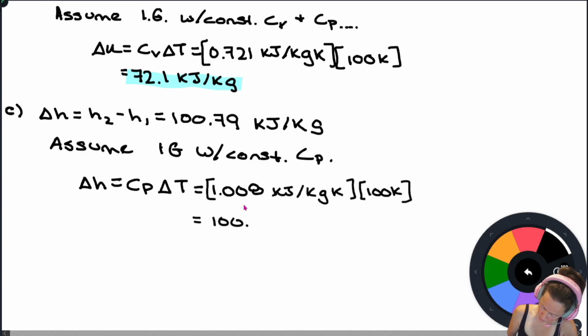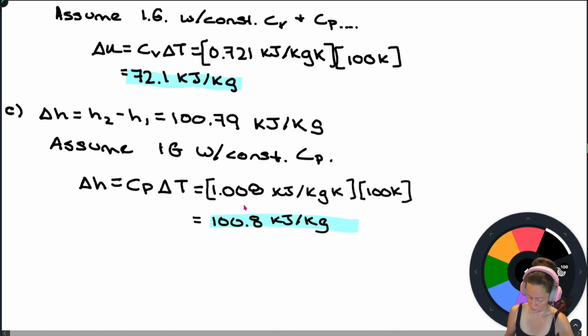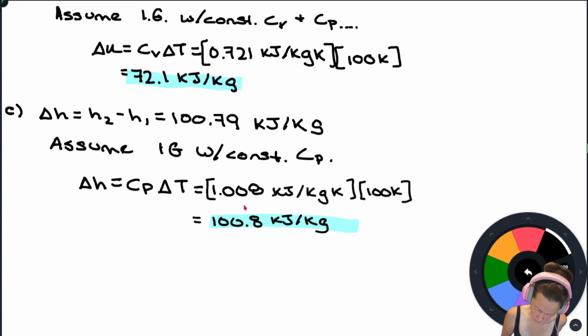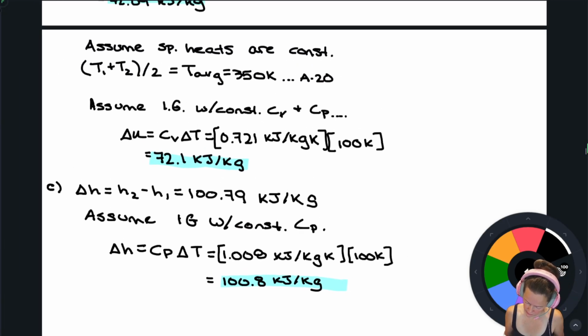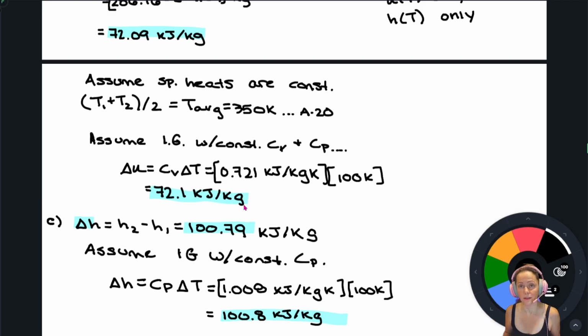So 100.8 kilojoules per kilogram is what I'm looking at. Perfect. And again, you don't see much of a difference between calculating it assuming constant specific heats or not. You can see that it's very similar.